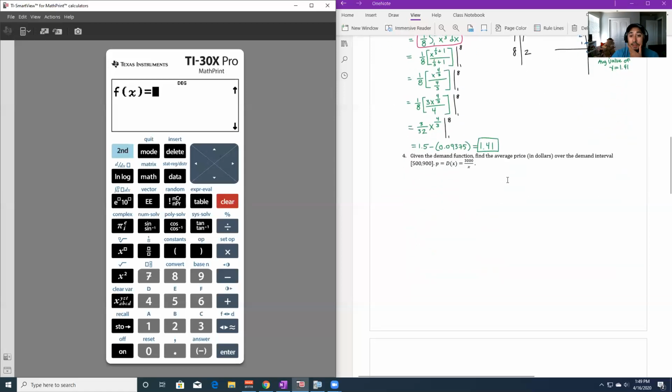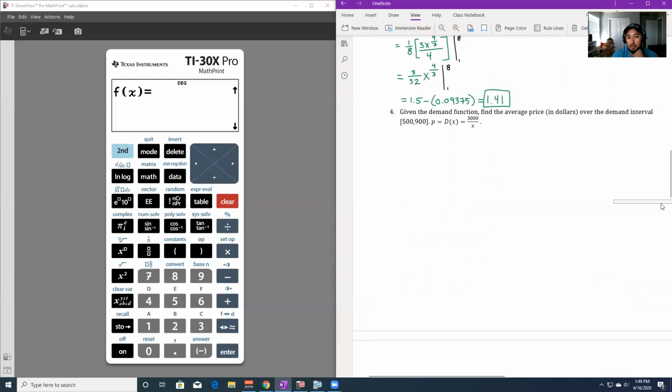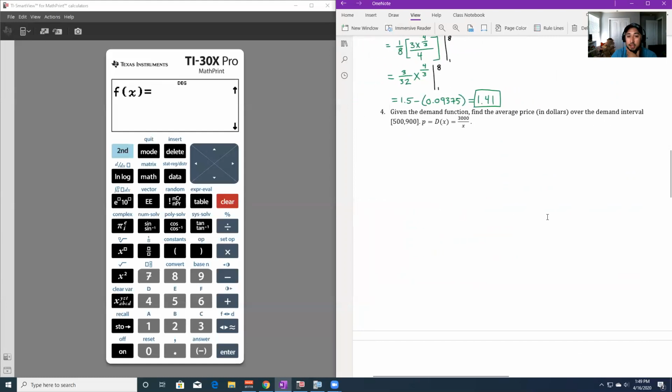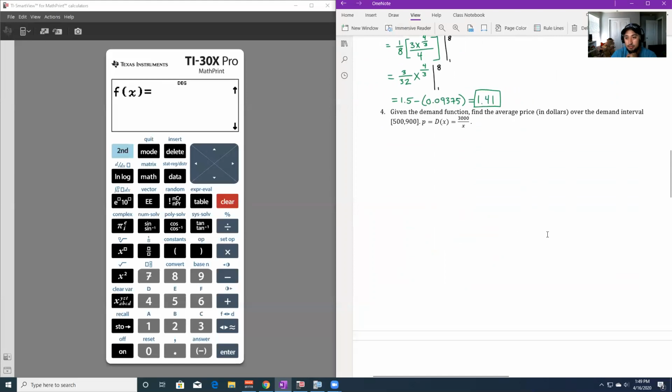So next, number 4. Given the demand function, find the average price in dollars over the demand interval 500 to 900 of p equals d of x equals 3,000 over x. So this one's going to be set up like the last ones.